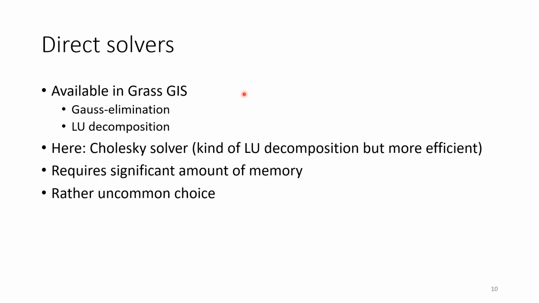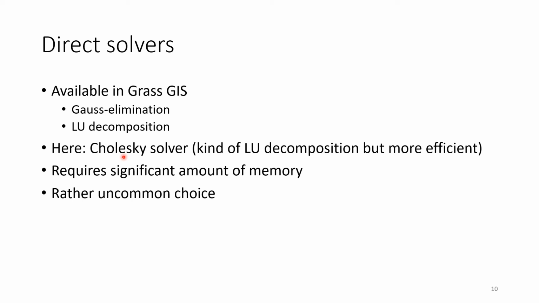There are also direct solvers available in GRASS GIS. The Cholesky solver is a kind of lower and upper decomposition, but more efficient than the classical one. You probably know, even from school times, the Gauss elimination scheme. Direct solvers are a rather uncommon choice here because they require a significant amount of memory.